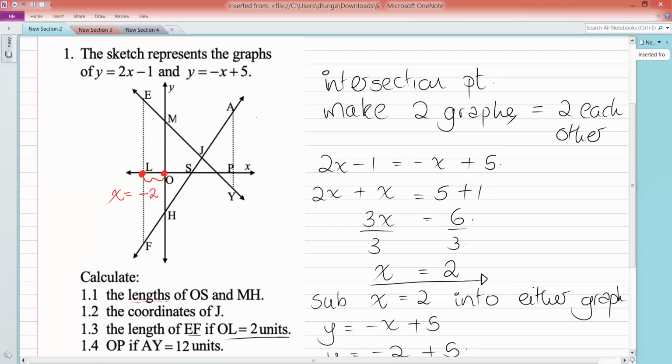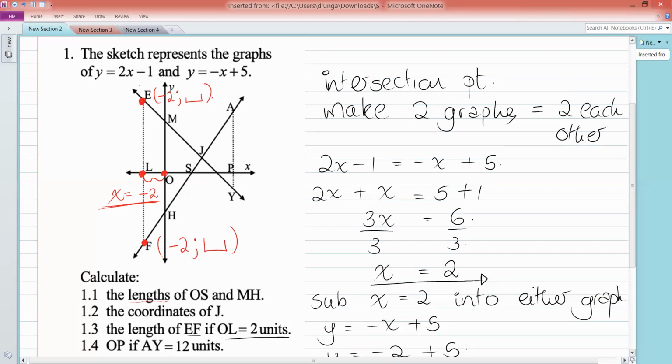Perfect. Now, we're going to use this. x is equal to -2. So I know already what the E coordinate is. It's -2 and something. I need to work out the corresponding y value. Then for this one, I want to do the same thing. I want to work out the corresponding y value for that one.